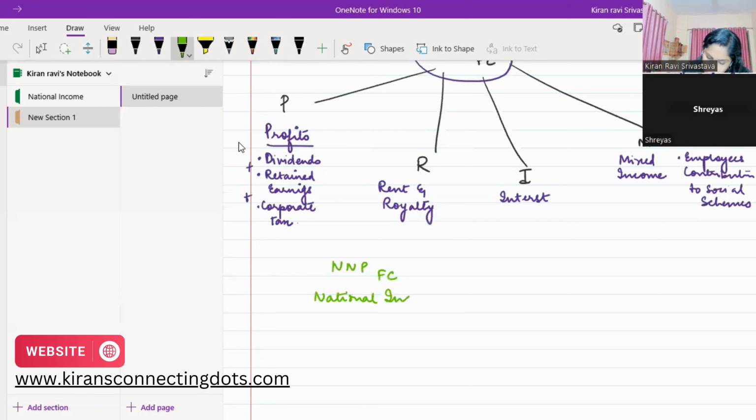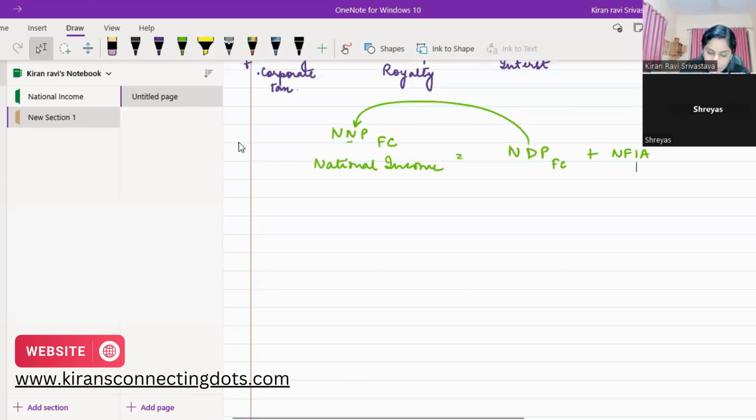To find out national income, we have to add NDPFC plus, to convert domestic to national, we have to add NFIA. NFIA क्या है? Net factor income from abroad.